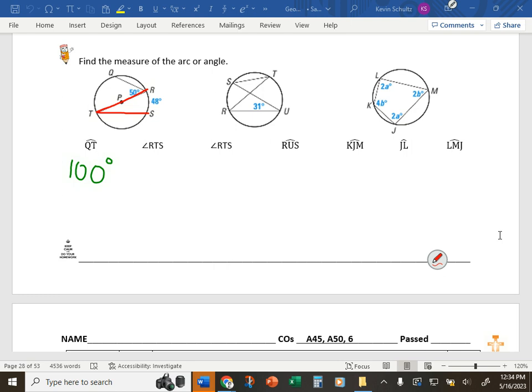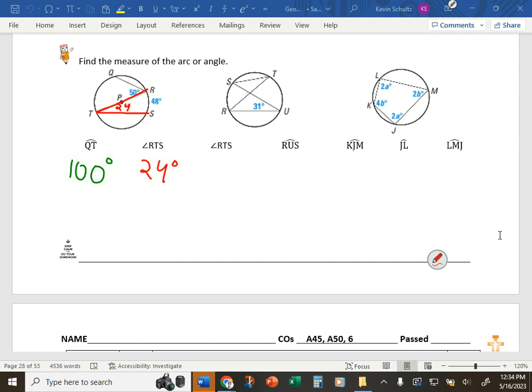Angle RTS, which goes from point R through point T, and then over to S, is half that measure. So that would be 24 degrees. Okay. This first diagram is just applying that relationship of an inscribed angle to an arc measure. The angle is half the measure of the arc, or flip it around, the arc measure is double what the angle is. Okay?